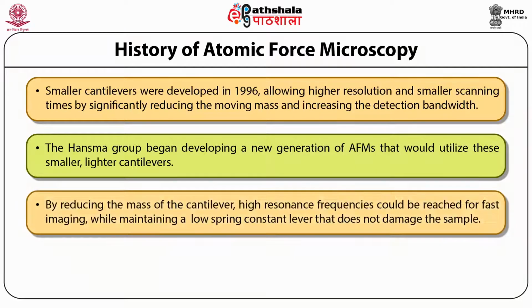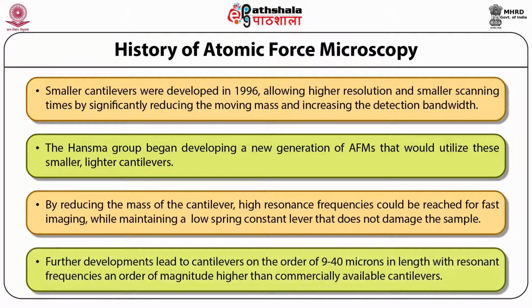By reducing the mass of the cantilever, high resonance frequencies could be reached for fast imaging while maintaining a low spring constant lever that does not damage the sample. Further developments led to cantilevers on the order of 9 to 40 microns in length with resonant frequencies an order of magnitude higher than commercially available cantilevers. This was a significant development.